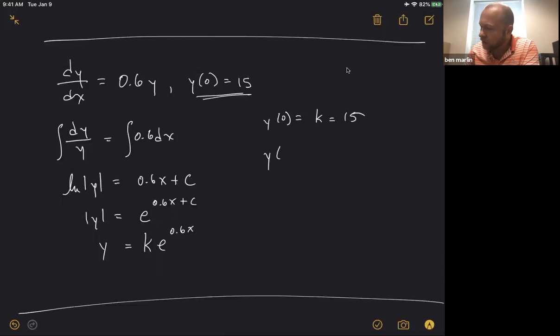And so your y of x that we're getting is 15 e to the 0.6 x, all right? So this kind of problem actually shows up as a bacterial or other population growth in the presence of unlimited resources.